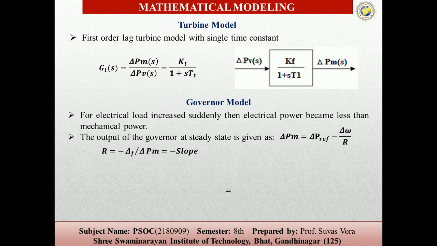Then after, the governing characteristic is represented by R equal to minus delta F upon delta PM, which is the slope.